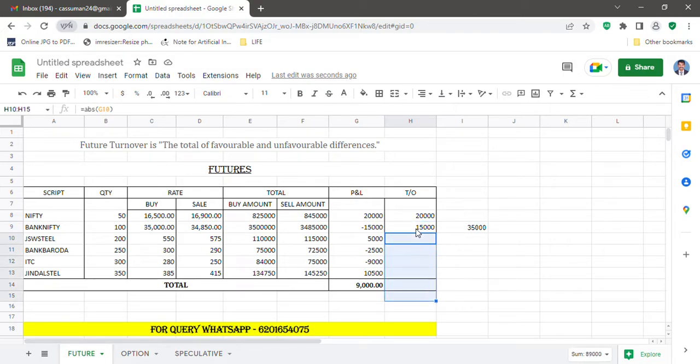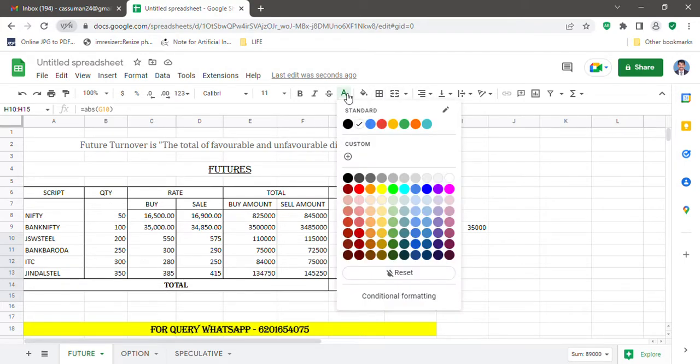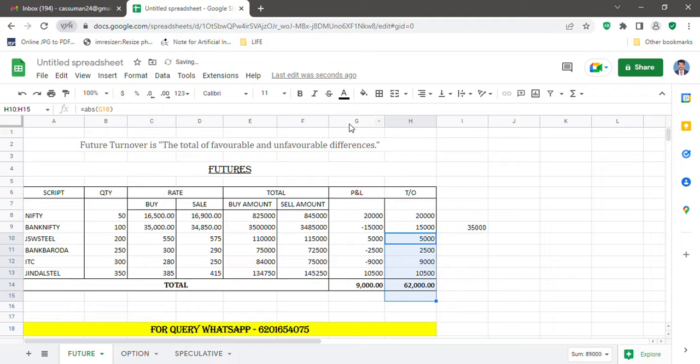So the total turnover from these transactions is 62,000. I think you understood how to calculate the turnover in case of futures. However, if you have any query relating to turnover of the futures, you can contact me. I will help you in the calculations.